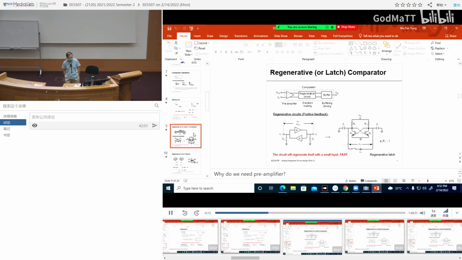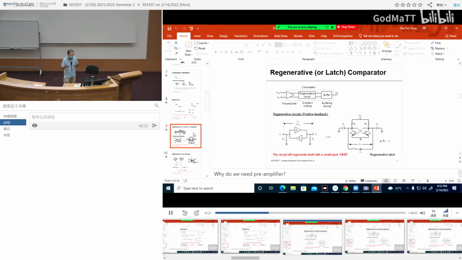So the PhD student begins to think and goes back to first principles. What is the purpose of a comparator? Just to make a comparison, and to compare fast. That means my slope doesn't have to be linear, and my gain doesn't have to be linear.